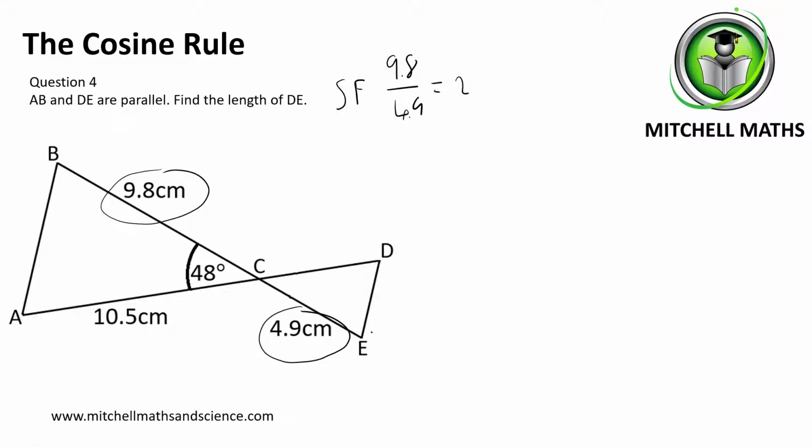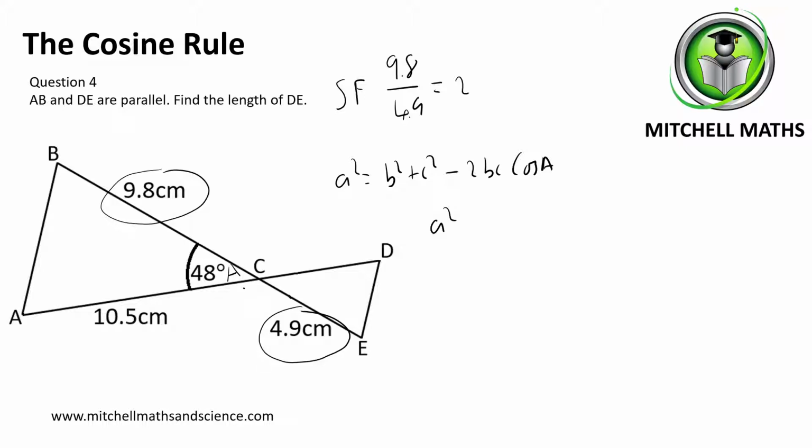Now, in order to find the length of DE, I haven't got enough information on this side, but on this side, I've got two sides and the angle, which means I can use the cosine rule to find the side AB, which will be a squared equals b squared plus c squared minus 2bc cos A. If I look at this triangle, I'm going to need to change some of the labels, because the point with the angle is labelled as C at the moment.